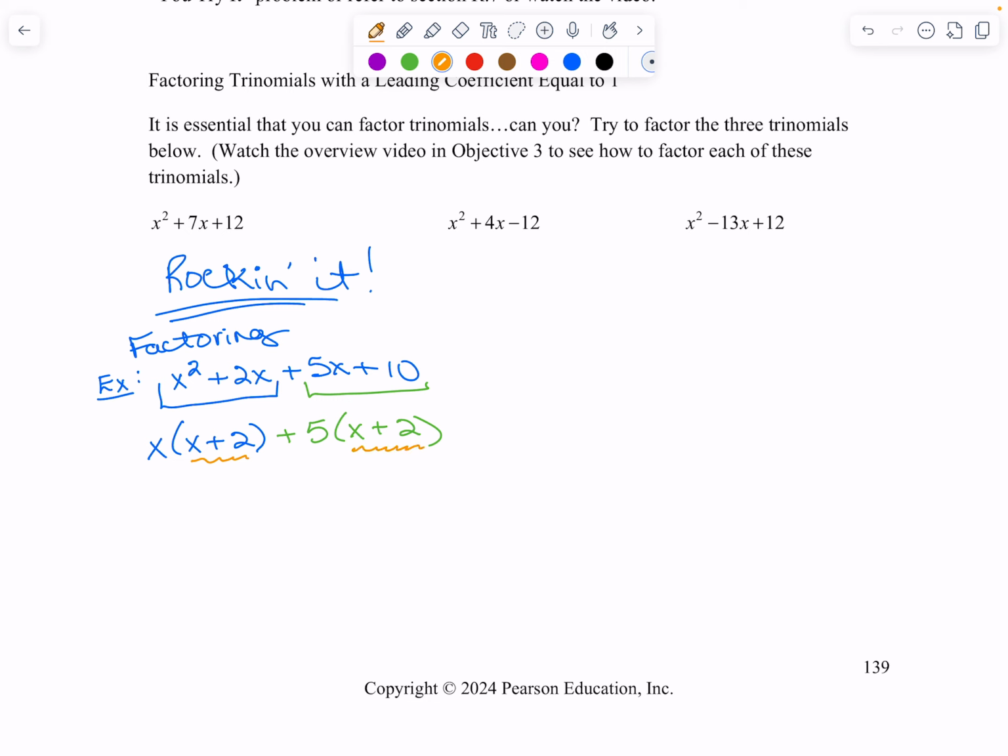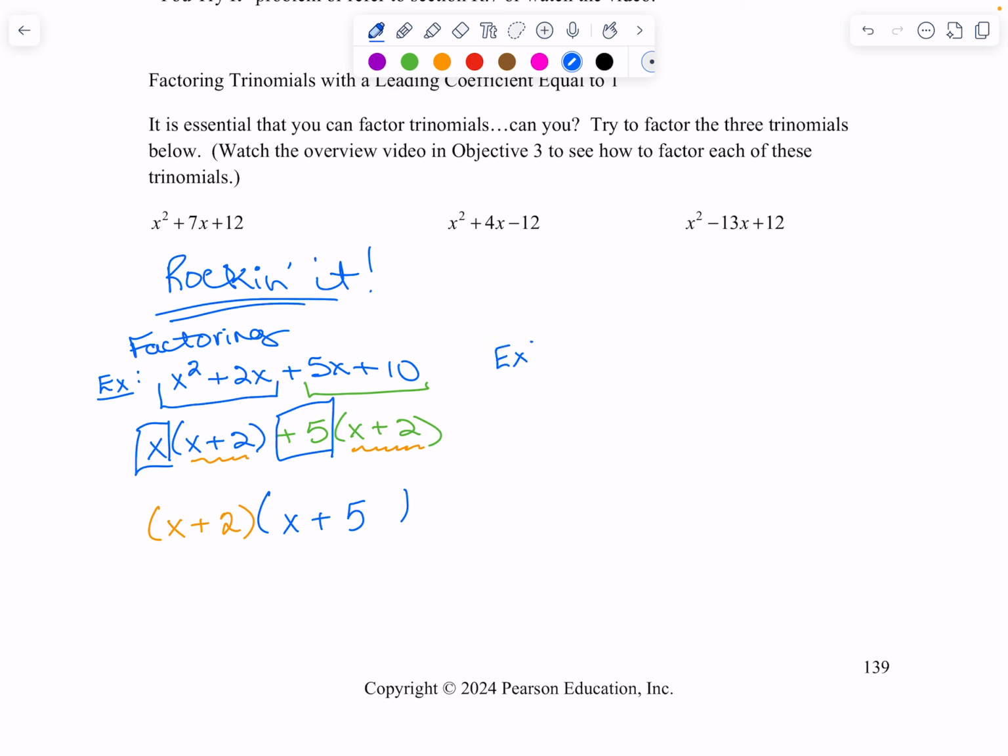You took out the greatest common factor from the first 2, greatest common factor from the second 2. Now we're going to take out that x plus 2, the greatest common factor from the whole thing. So I'm going to take out the x plus 2, and I will have left over x plus 5. So that's how you factor something that has 4 terms.